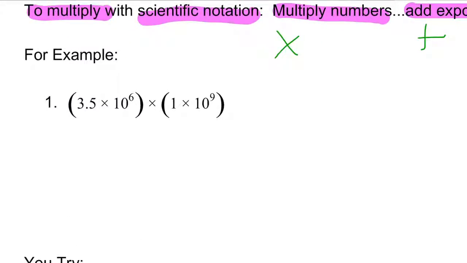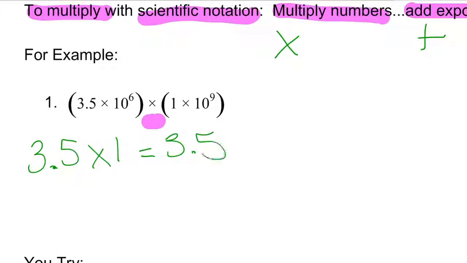3.5 times 10 to the 6th times 1 times 10 to the 9th. So let's multiply the numbers. 3.5 times 1, that's easy, that equals 3.5. And then add the exponents, okay? So 10 to the 6th times 10 to the 9th is 10 to the 15th.